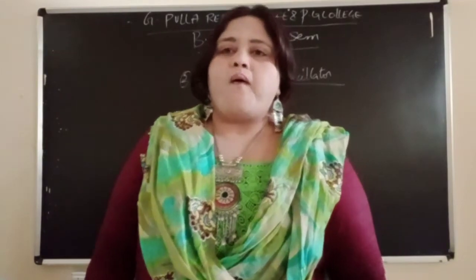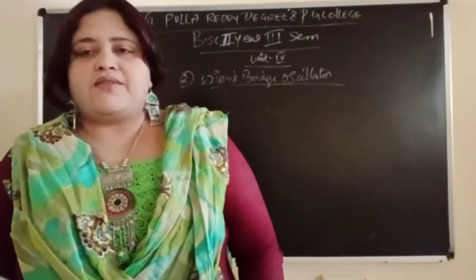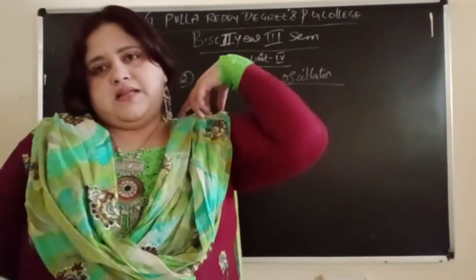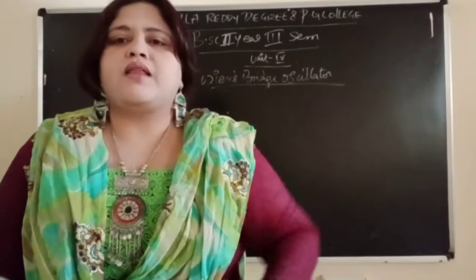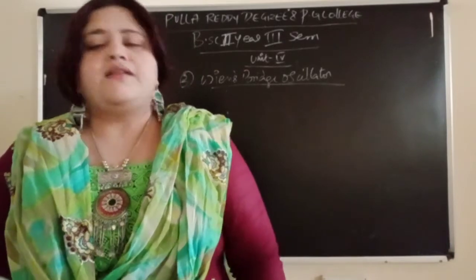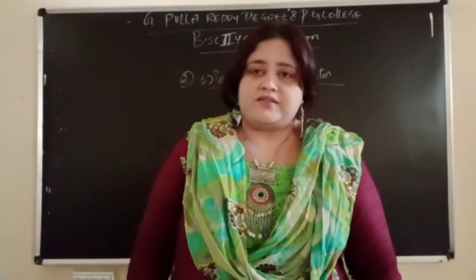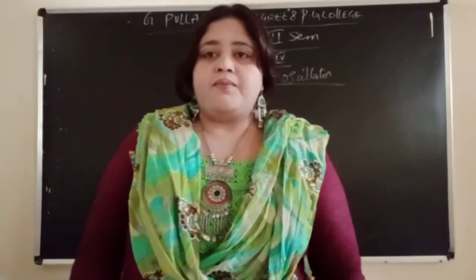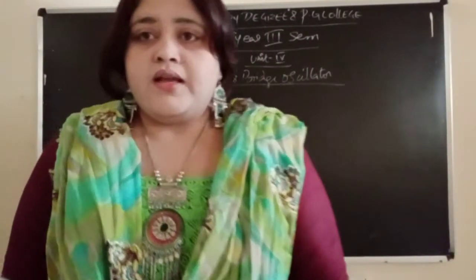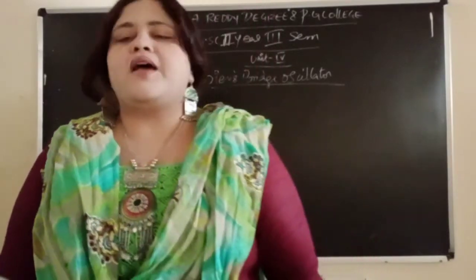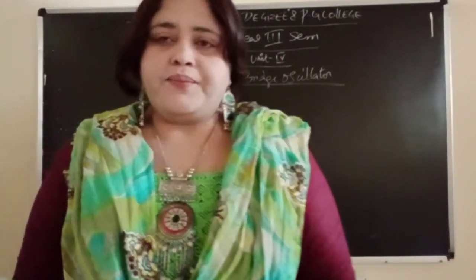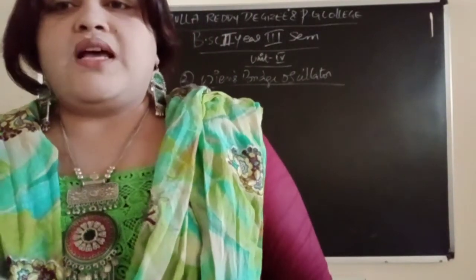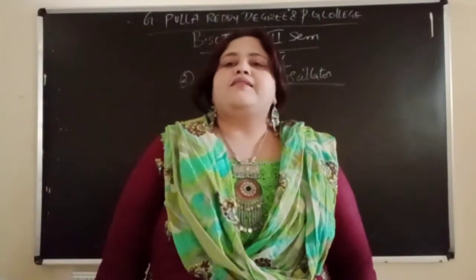We also studied the Barkhausen criteria, which is the first topic of your unit 4, and then we went for the second topic of unit 4, that is RC oscillators. What is an RC oscillator? Where the feedback is given with respect to resistor and capacitor, it is known as an RC oscillator.